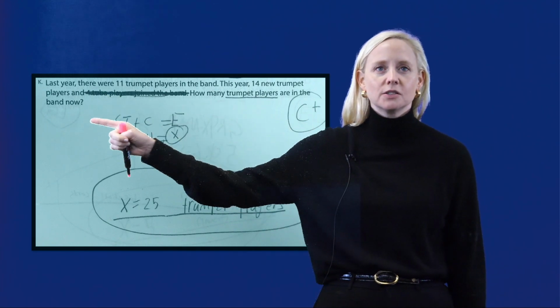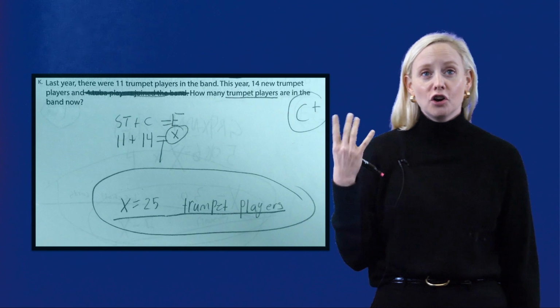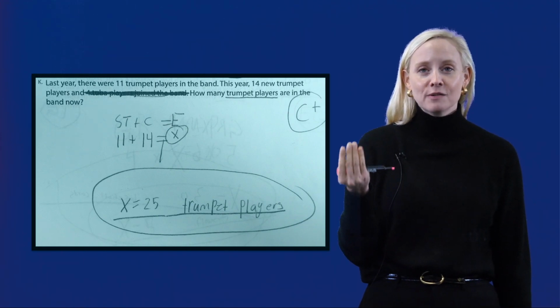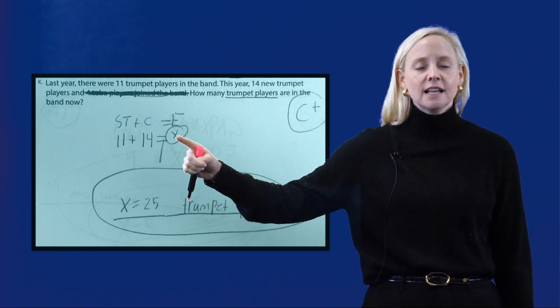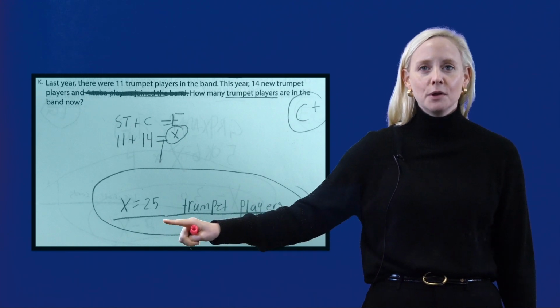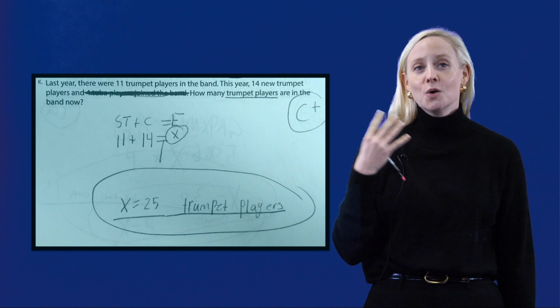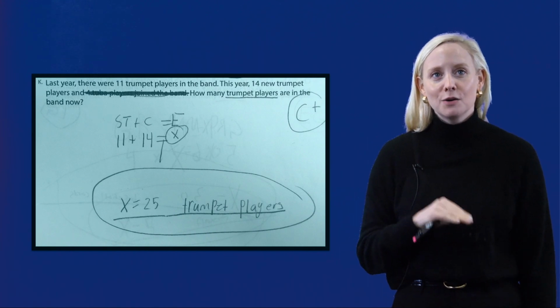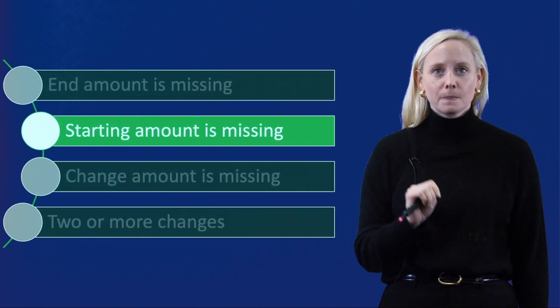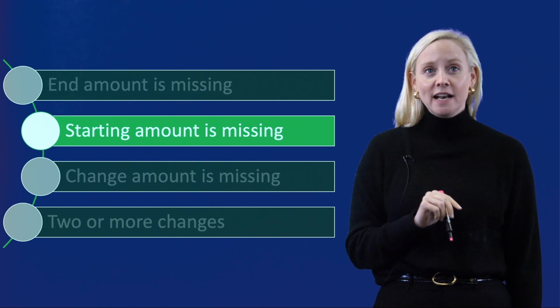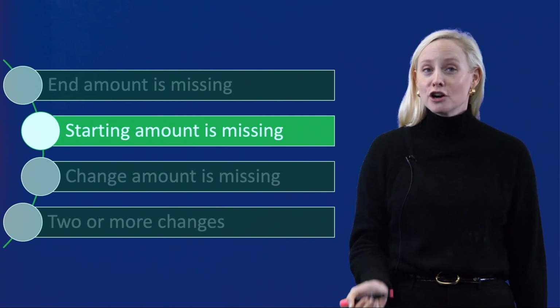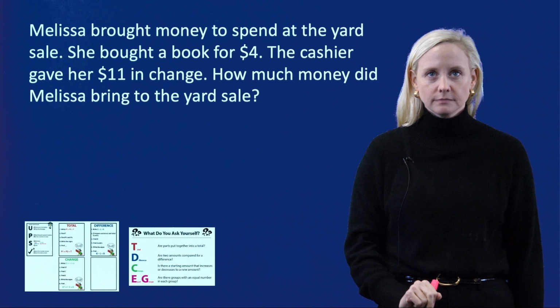How many trumpet players are in the band now? Here the student crossed out the irrelevant information and set up and solved for a missing variable and wrote 25 trumpet players. And here they have the C plus in the corner to let me know it's a change increase problem.